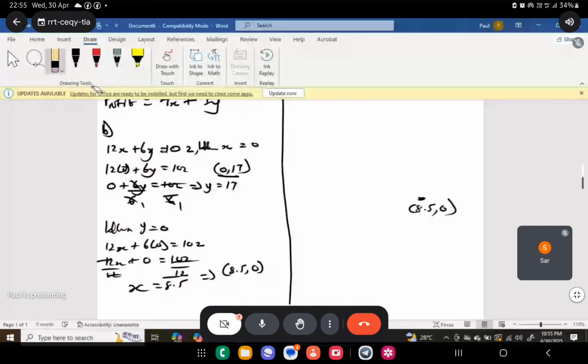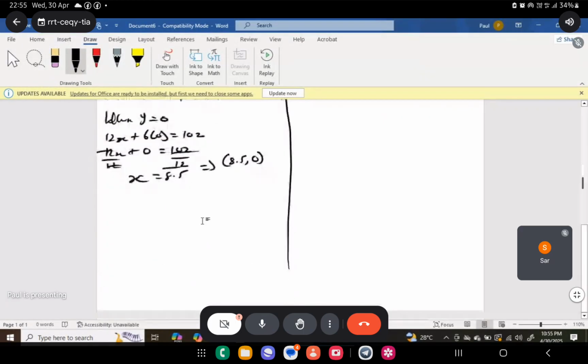So let's go to that. So we do the same for the other equation. We do the same thing. So the other equation, we have 7x plus 5y being equal to 70.